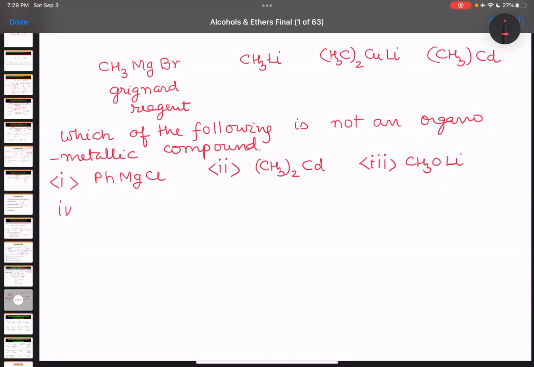More than one correct option. So what's going to be the answer to this problem?